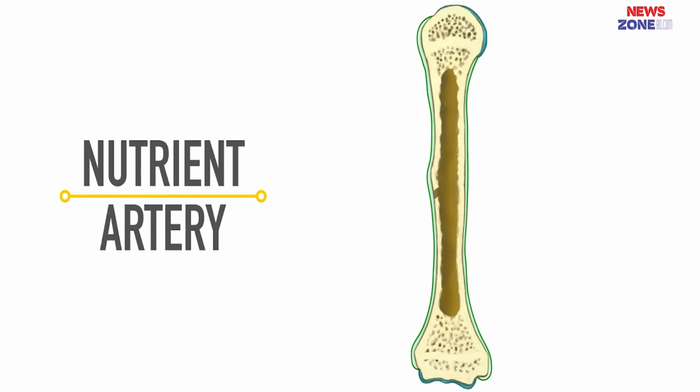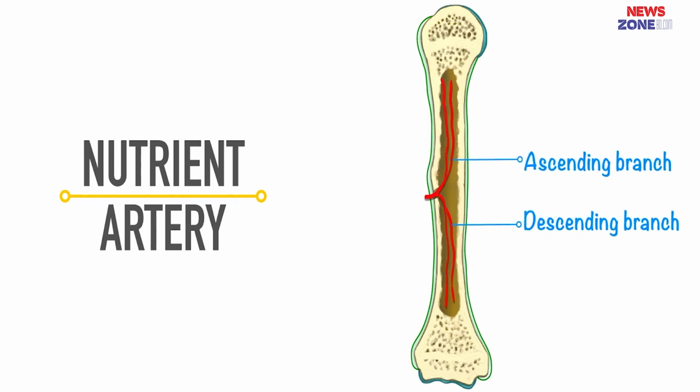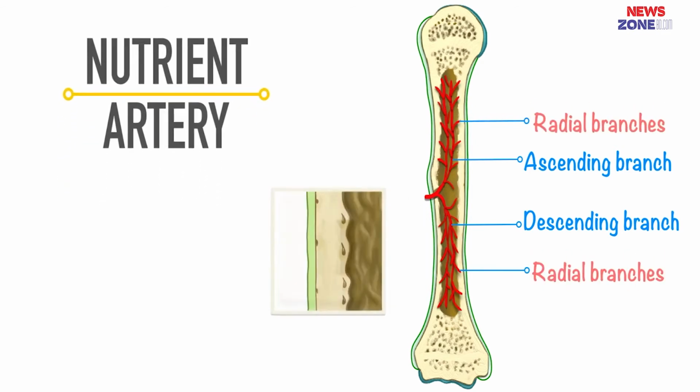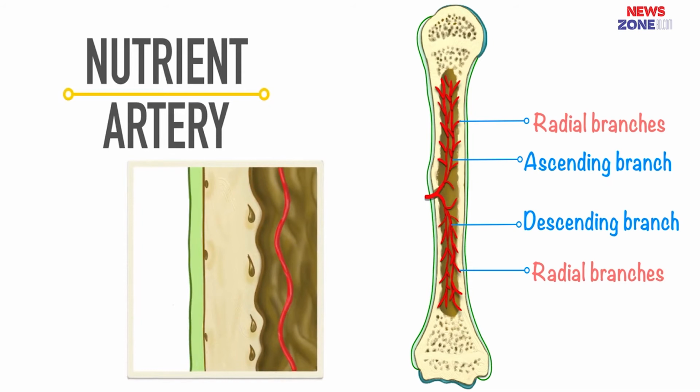It enters the long bone shaft or the diaphysis through the nutrient foramen. In the medullary cavity, it divides into ascending and descending branches which extend longitudinally along the axis of the long bone. These branches give off a number of smaller lateral-oriented parallel vessels called the radial branches. These branches supply the bone marrow and the inner third of the compact bone of the diaphysis.